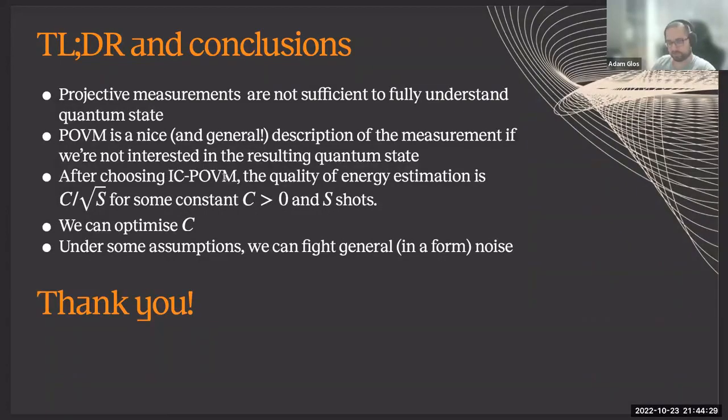After choosing the information complete POVM, thanks to the central limit theorem, the estimation precision of the energies decreases like 1 over square root of S. The precision is better than this quality, for some possibly big constant C, which fortunately we can optimize, even in reasonably general noise happening in the device.